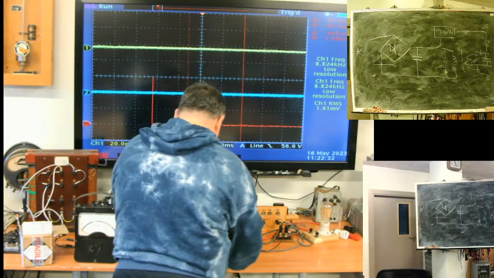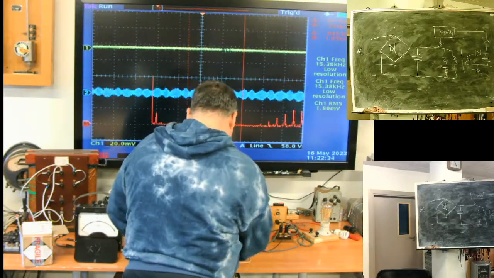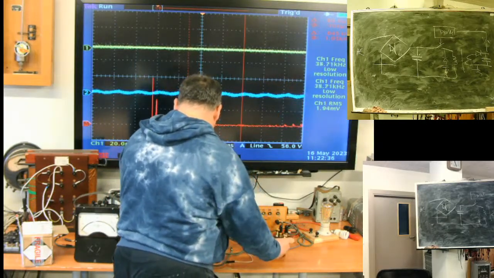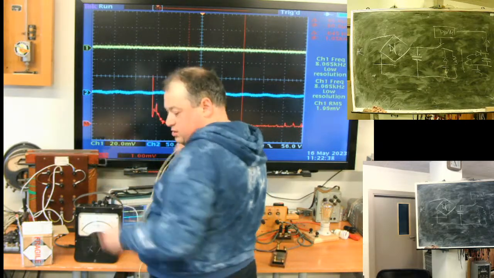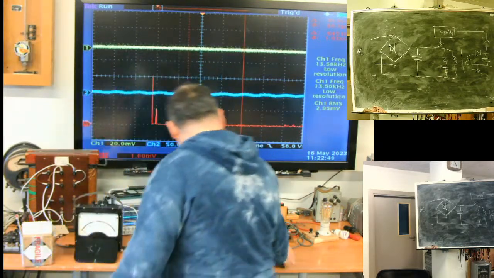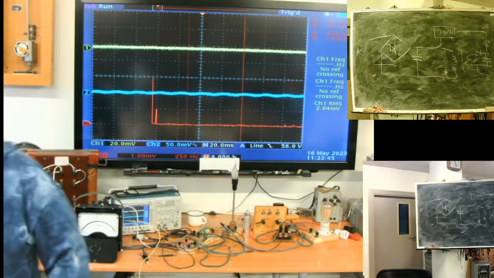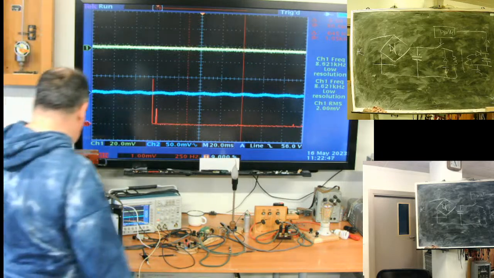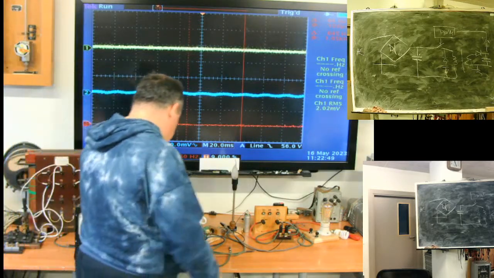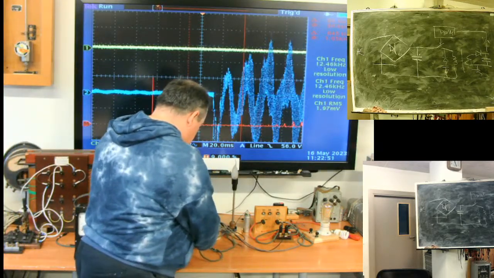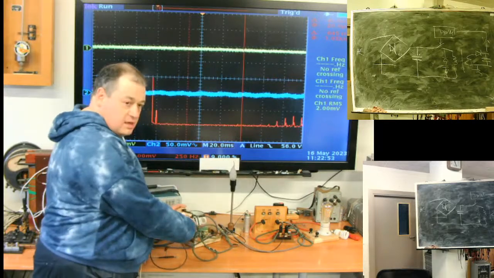This is not needed. R means rectifier. This is my rectifier.